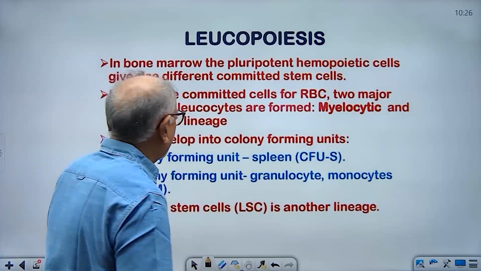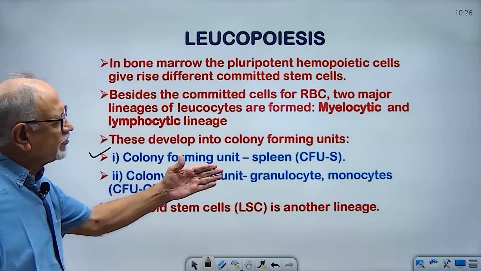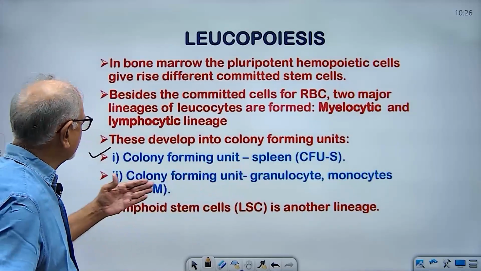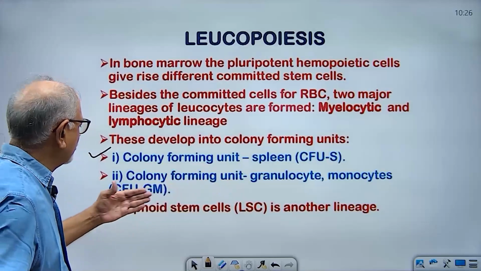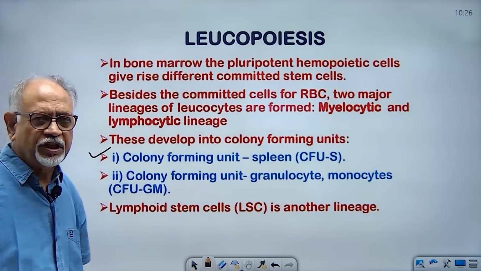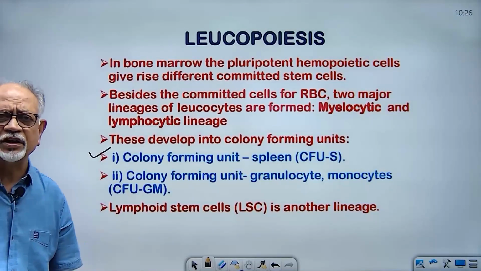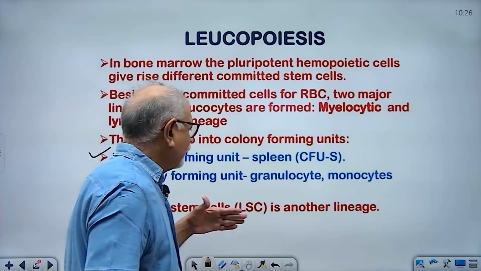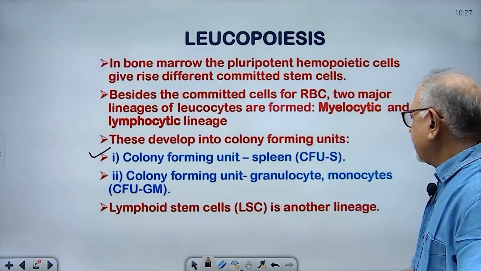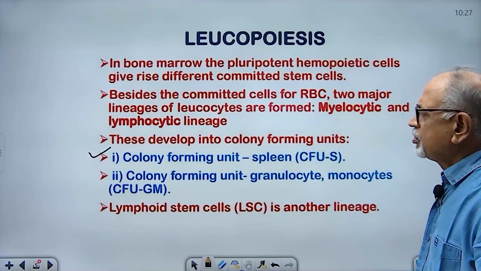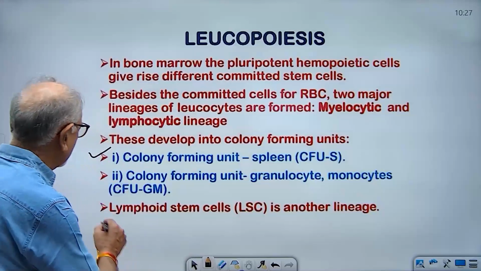One is the colony forming unit spleen, that is CFUS, and another is the colony forming unit granulocyte monocyte, that is CFUGM. The third one is the lymphocyte stem cells, called LSC, another lineage which is responsible for production of lymphocytes.